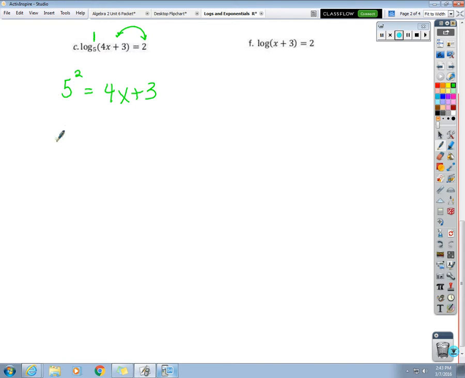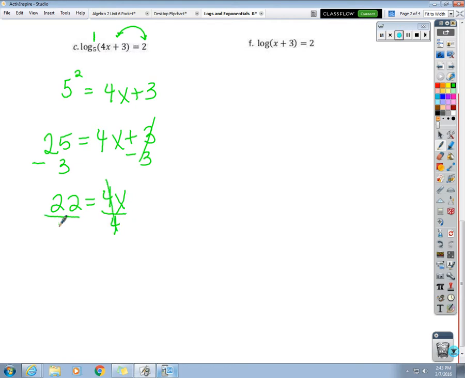So now what is 5 squared? 25. And now we just have a 2-step equation. To solve for x, what do I do first? Right. And so what is 22 divided by 4? 5.5.